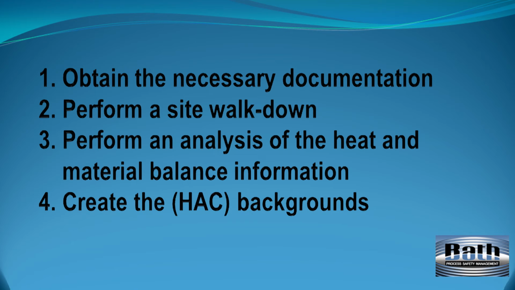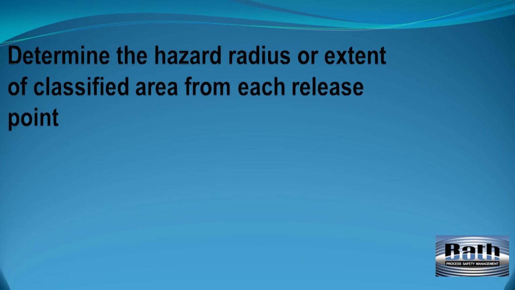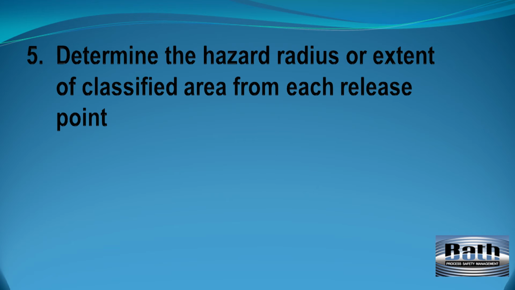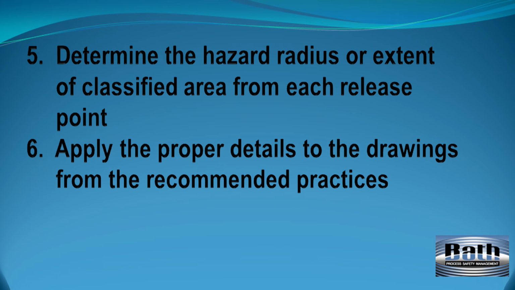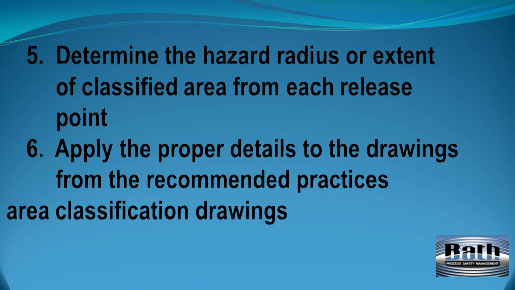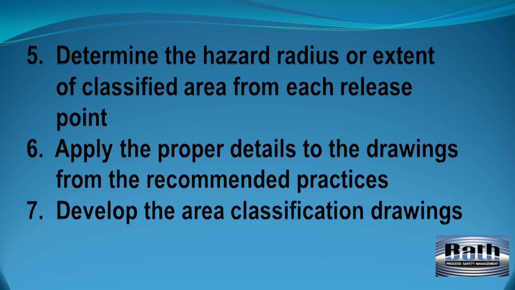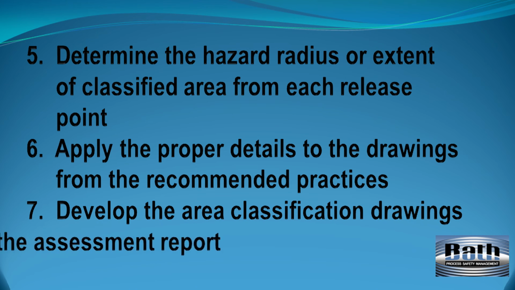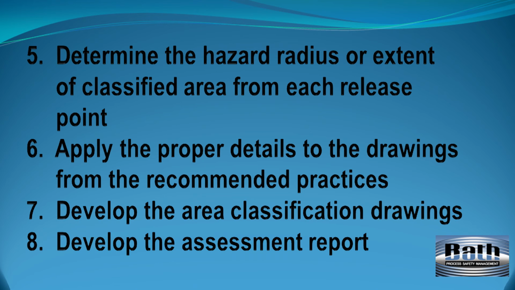Create the hazardous area classification backgrounds. 5. Determine the hazard radius or extent of classified areas from each release point. 6. Apply the proper details to the drawings from the recommended practices. 7. Develop the area classification drawings. 8. Develop the assessment report.